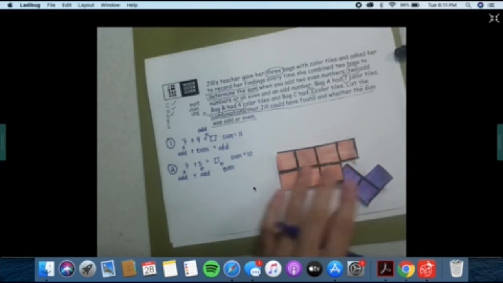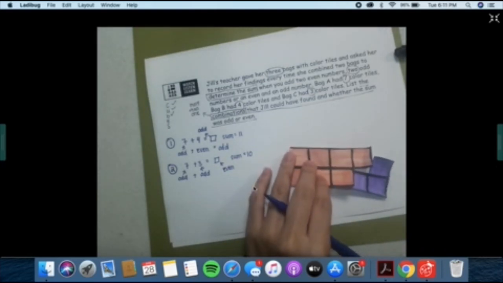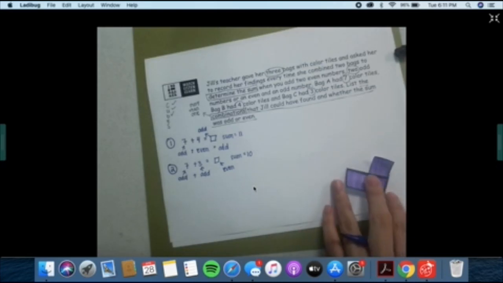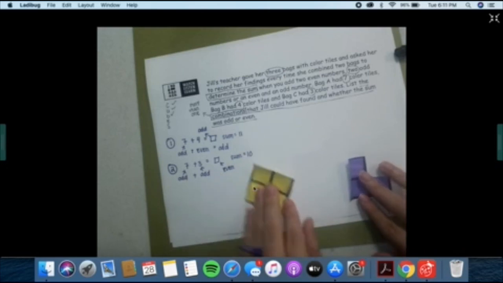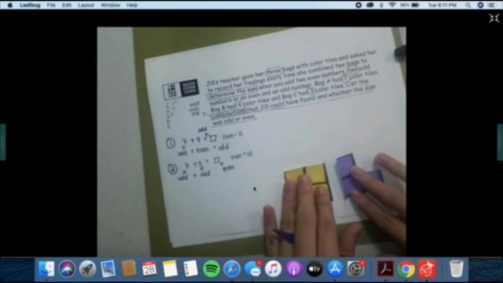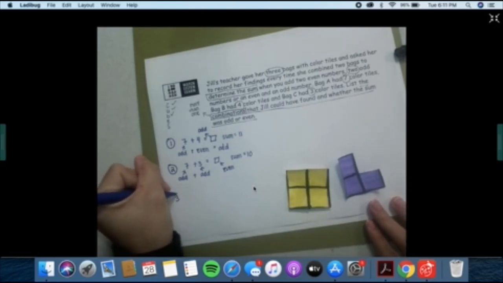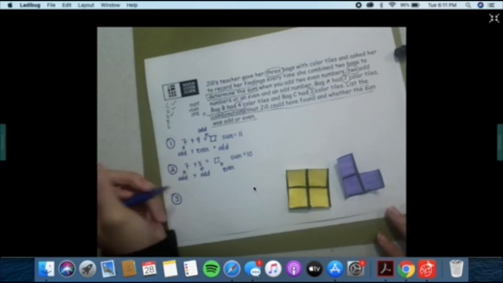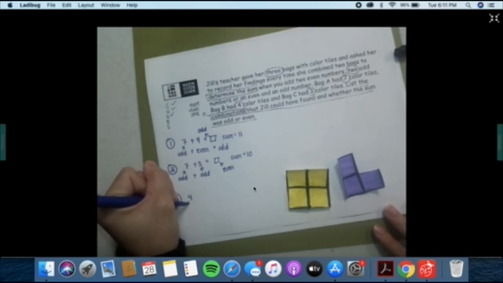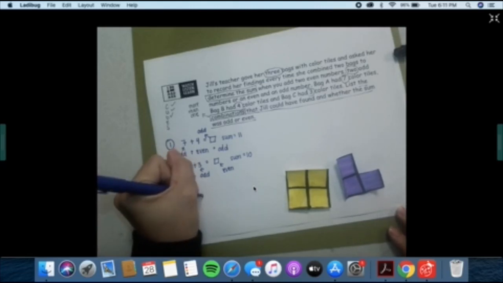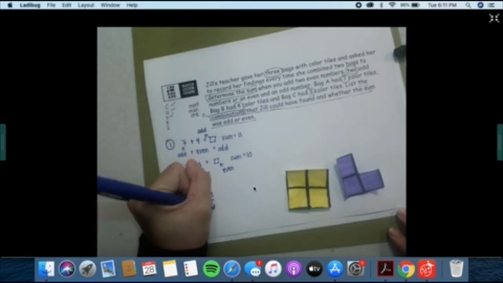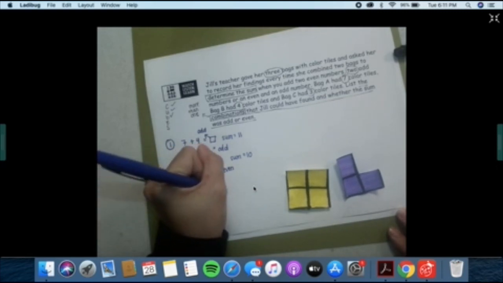And then I could do Bag B and Bag C. So Bag B has 4 and Bag C has 3. My third combination, I could do that. And so it'd be 4, which is an even number because every one has a pair, and then plus 3, which is an odd number, is equal to our blank.